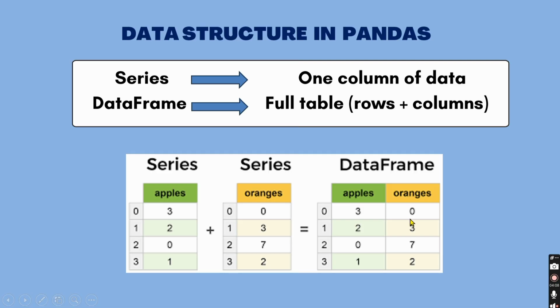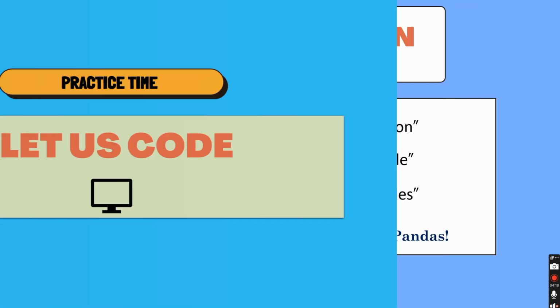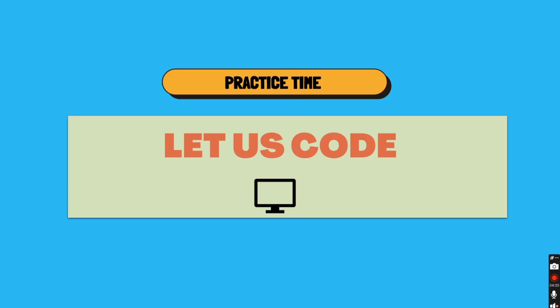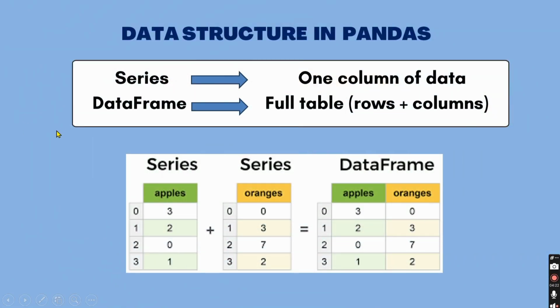So this is a DataFrame. That's the basic difference between series and DataFrame. Series is just a single column. DataFrame is a mixture of a variety of columns and rows. We will learn about it in the upcoming videos for sure. But for now, just keep in mind that series is a single column and DataFrame is a full table which combines a lot of rows and a lot of columns.